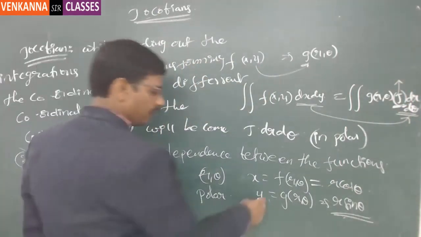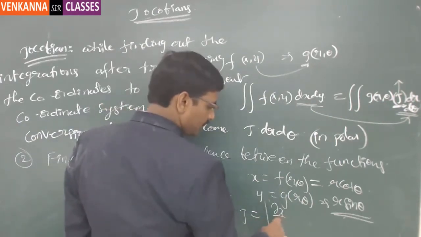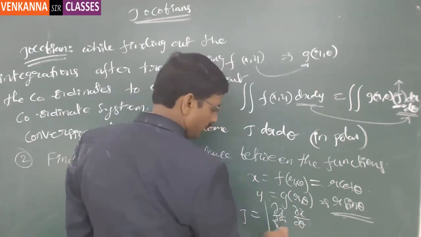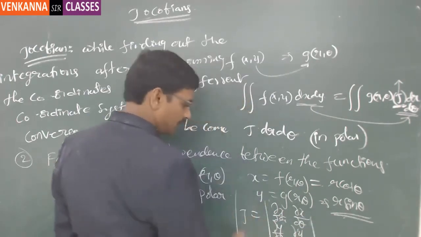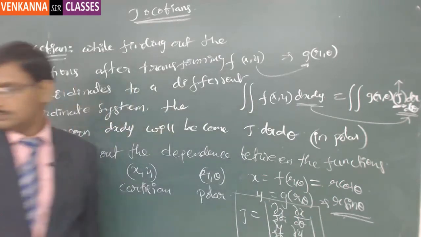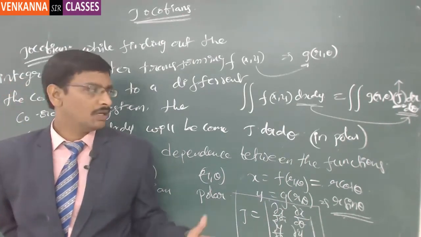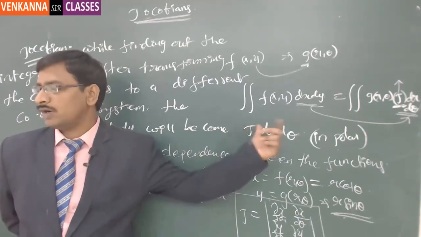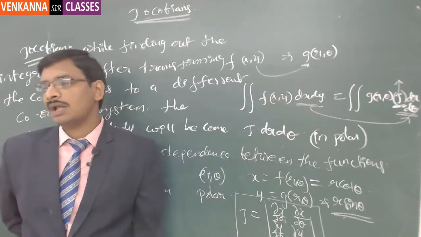That Jacobian J is the modulus of the determinant with dou x by dou r, dou x by dou theta, and dou y by dou r, dou y by dou theta. So this determinant is called the Jacobian. Got it? So a Jacobian is primarily used for two purposes. One is to find the dependence between the functions, and another is to find the Jacobian required to calculate the integral after transforming into another coordinate system.